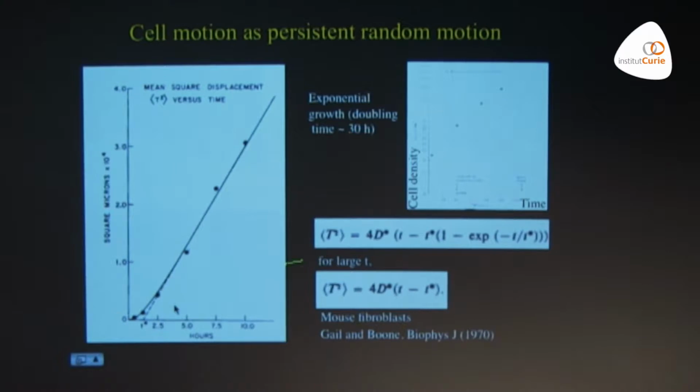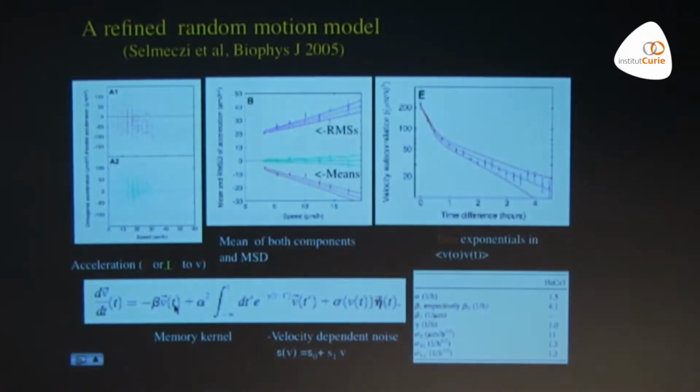And here you see that at the beginning there is this time t star, which is the inverse of alpha, so the mean square displacement from a point after time t starts smoothly. This was done in the exponential growing phase, when the cells do not see each other. So if you look at single cells, they basically follow this Ornstein-Uhlenbeck process. At least this is a very common classical description.